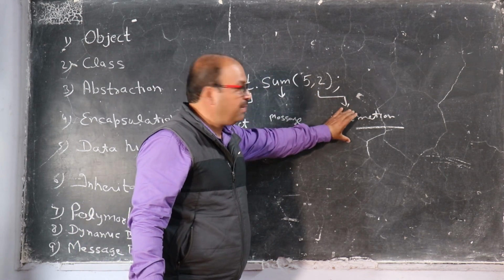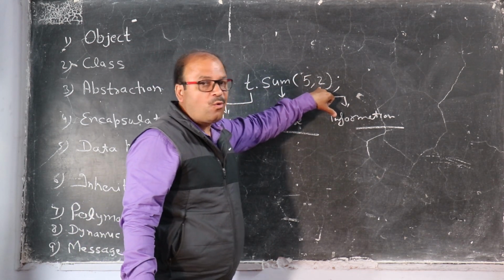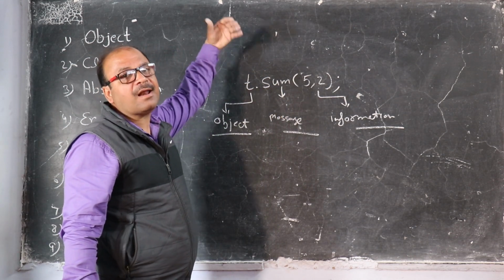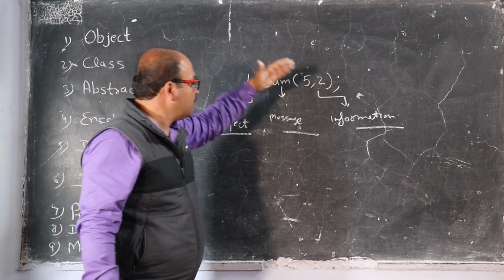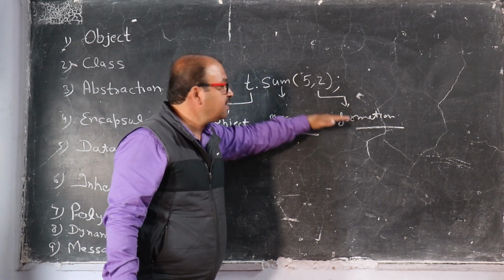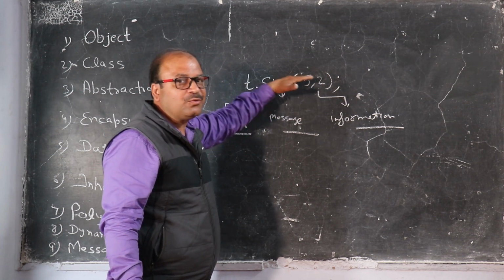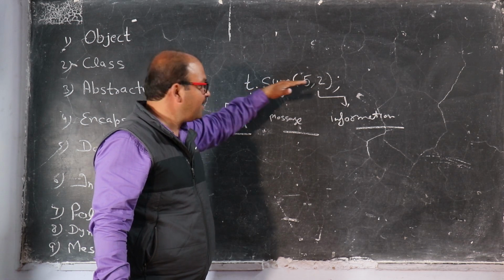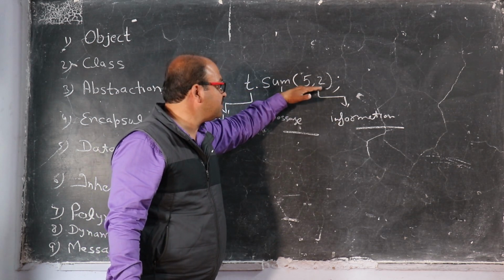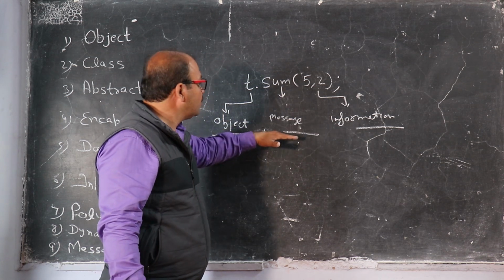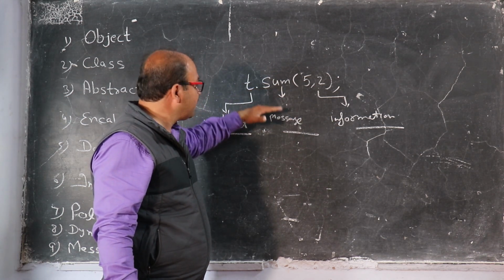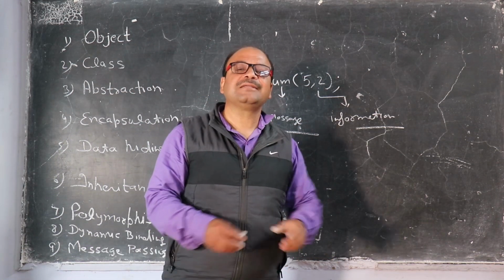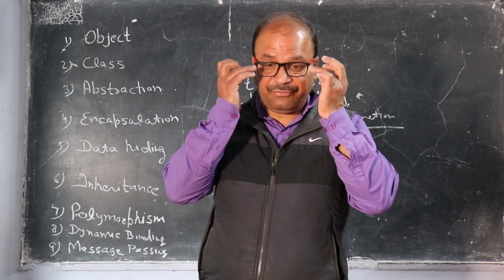We are sending information through the parameters of the function sum through the object T of any class. So information, meaning 5 and 2, is communicating through the message sum of the object T of any class. This is called the message passing feature of C++.